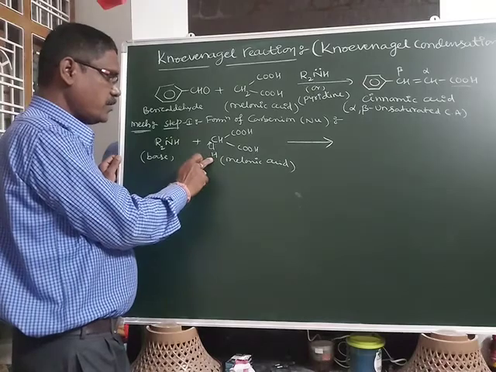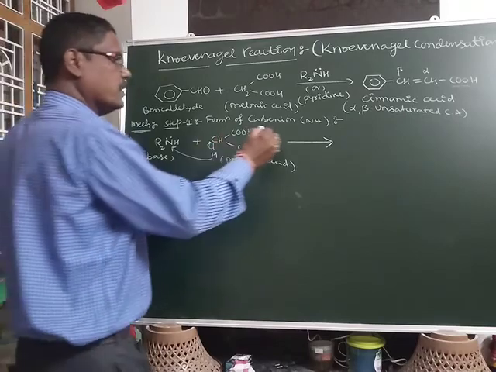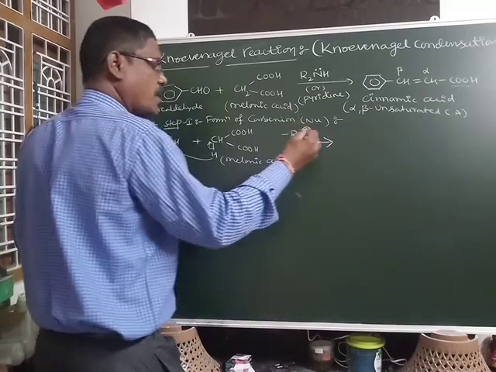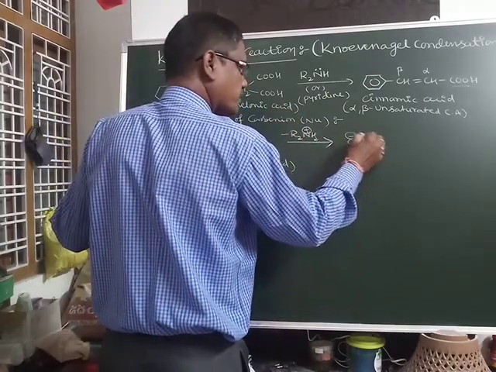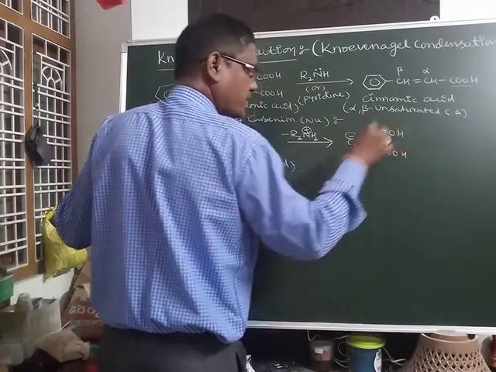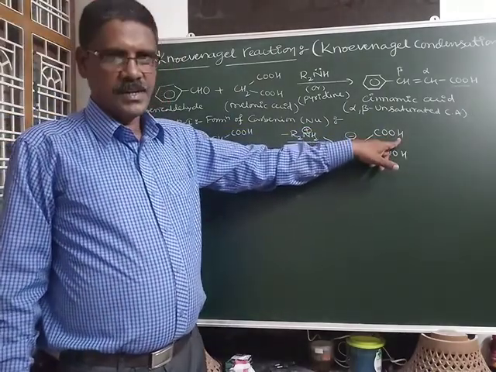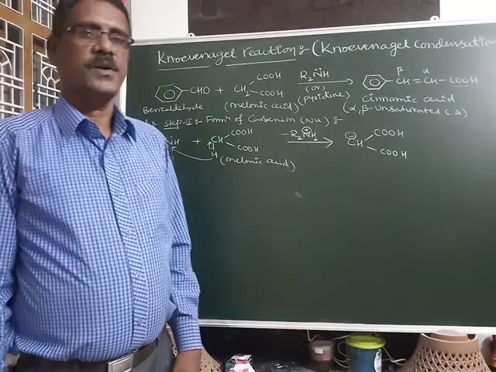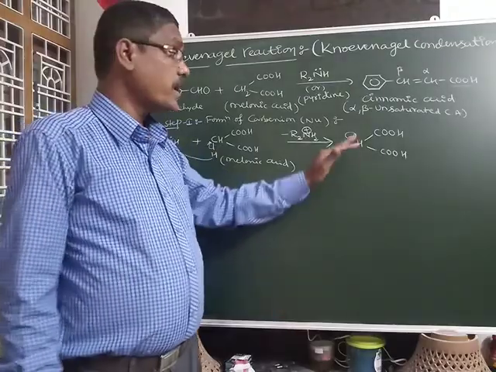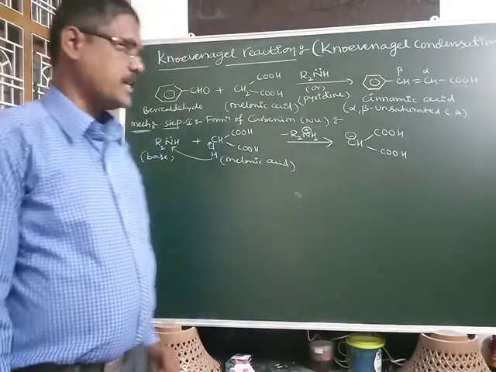That's why this hydrogen is eliminated and accepted by the base, R2NH2 plus is formed, and this forms the carbanion. This carbanion is also stabilized by resonance, that's why it is stable. When the H plus ion is eliminated elsewhere, that type of resonance is not possible. This carbanion can be stabilized from here to here. That's why this carbanion is more stable and easily forms, then further reaction takes place.